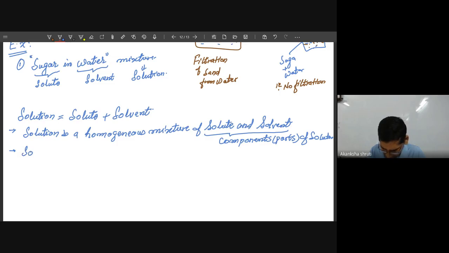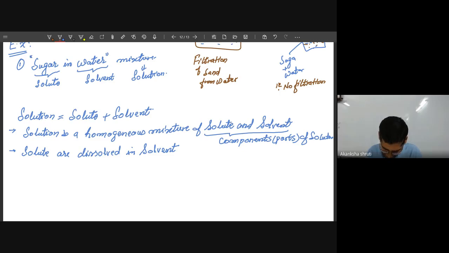Solutes are dissolved in solvent. Okay, it means the solvent is able to dissolve the solute.